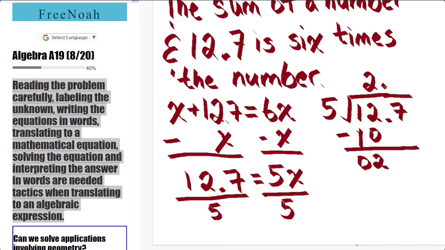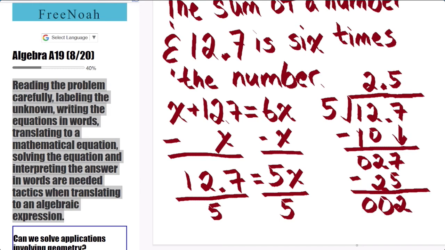Okay, let's go ahead and copy the decimal point, but this time on our quotient side, then drop the 7. 5 goes into 27 5 times. 5 times 5 is 25, and 27 minus 25 is 2.